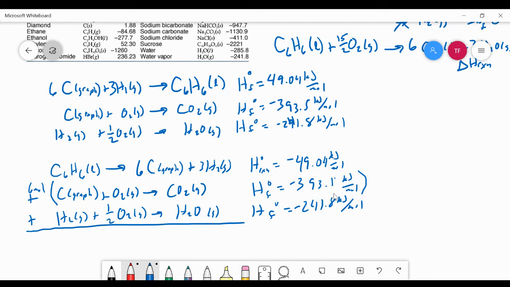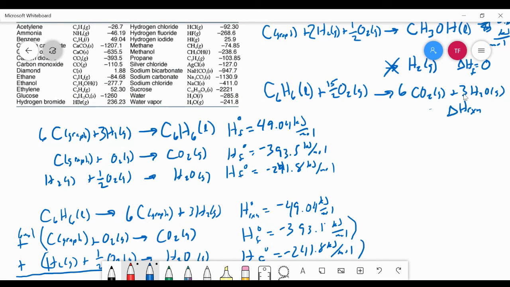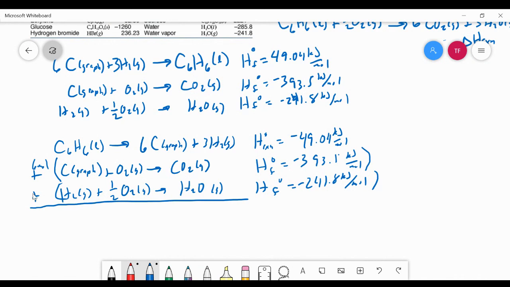But remember, this energy is kilojoules per mole. So if this is how much for 1 mole and we're multiplying by 6, we're going to have to multiply the energy by 6 also. We're going to do the same thing here. We have in the reaction 3 waters that need to be formed. So we are going to multiply everything by 3 moles here. Everything, energy, everything, by 3 moles to give us 3 water molecules.